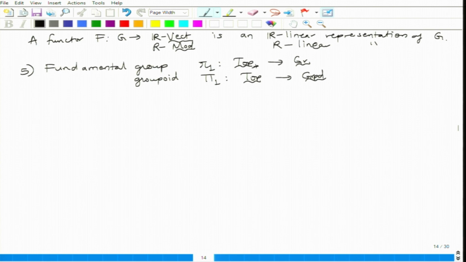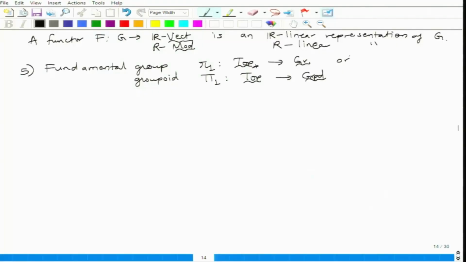Little pi 1 can be thought of as a functor from a quotient of Top star by homotopy equivalence classes of topological spaces, base point preserving homotopy equivalence classes. So here I can also say this is HTPY star. Do you understand HTPY star?